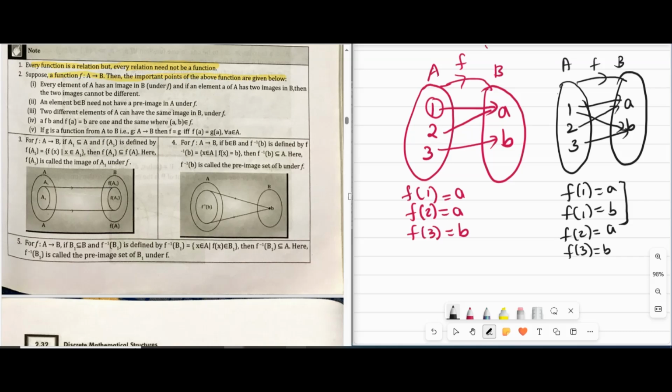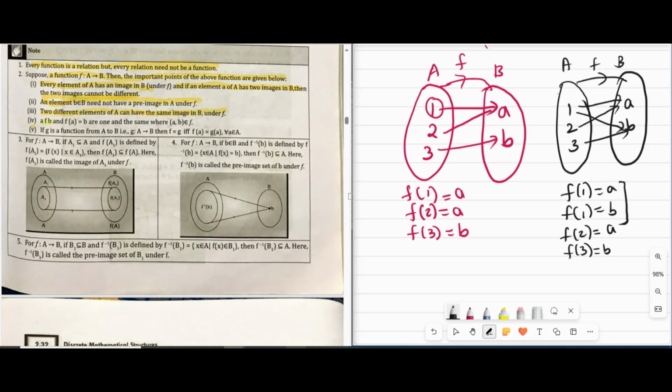Every element of A has an image in B, and if an element of A has two images in B, then the two images cannot be different. An element b belonging to B need not have a pre-image in A under F. Two different elements of A can have the same image in B under F.